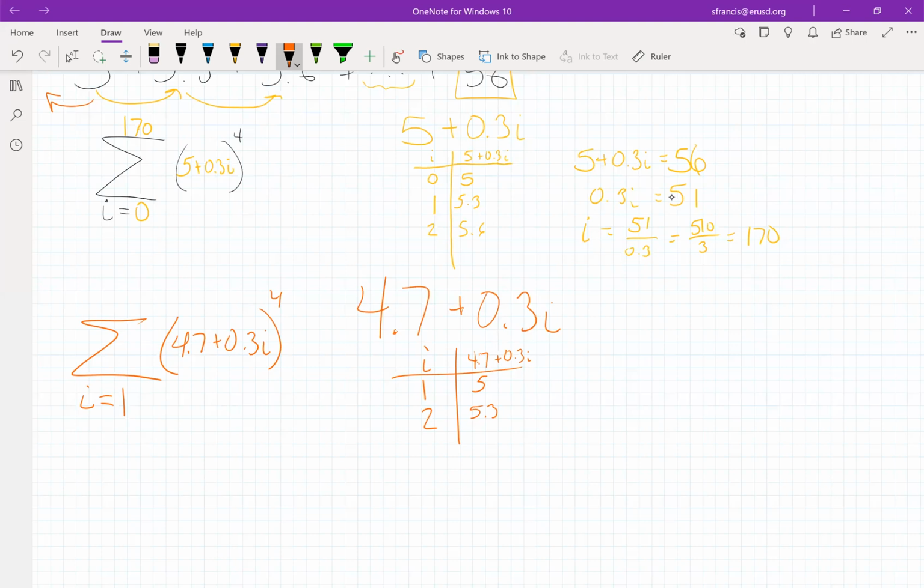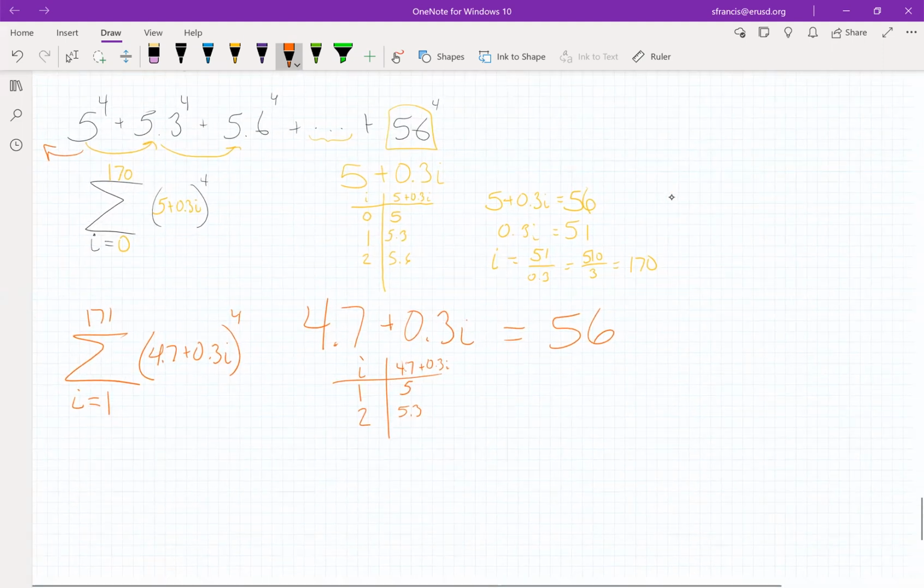I've shifted this down by 1, so I'm going to have to put 171 in here. And if you don't believe me, you could just set this equal to 56 and solve, and you'll find that you get 171 after you subtract the 4.7 and divide by 0.3. You'll get 171 instead of 170. You can set it up however you want to set it up.